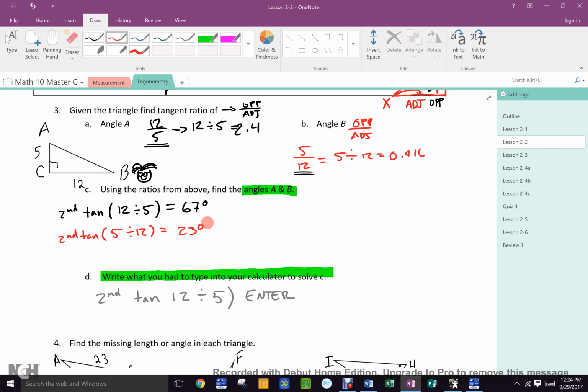Now, be honest. Are you okay? Because if you're okay with this, you now have all the tools you need to do everything in trigonometry. That's how easy it is. But people still think it's complicated. So I'm going to show you how to make sure it stays this easy.